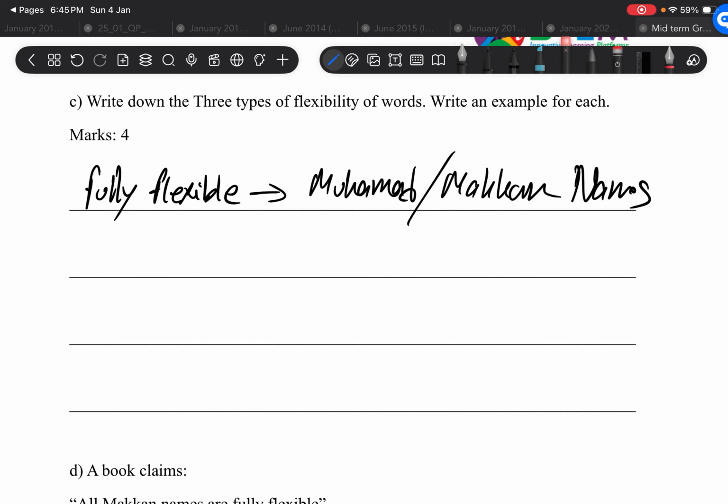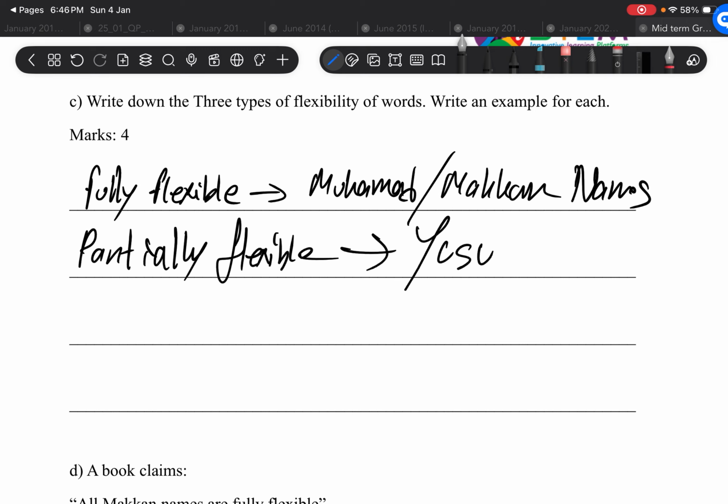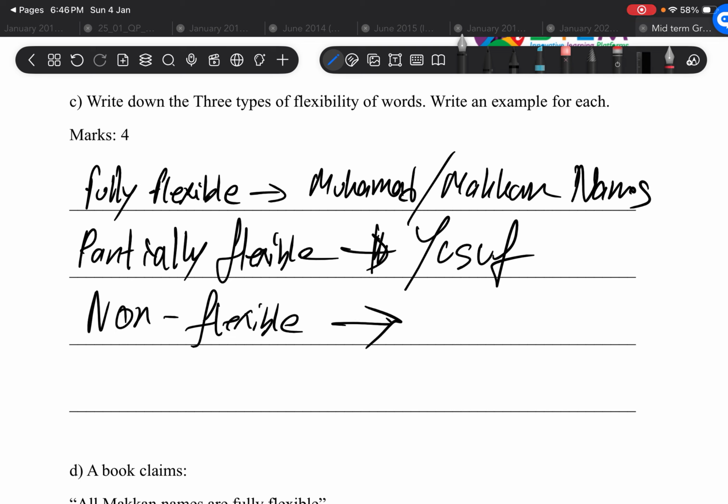Partially flexible, like Yusuf. Non-flexible, which is Musa. Yusuf, Musa, none of these are Meccan words.